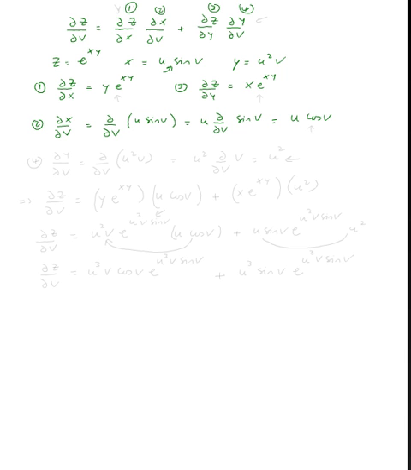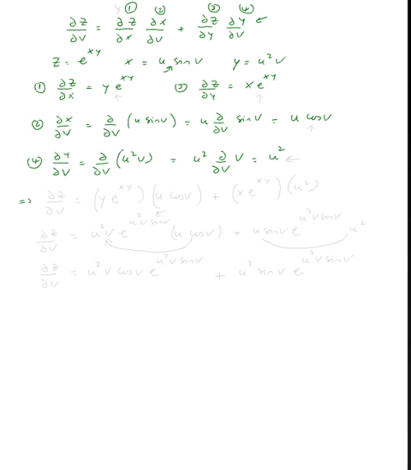Now what else we need? We need 4. 4 is partial y with respect to v. Y is u squared v. Now the u squared is constant, take it outside. And partial with respect to v of v is 1, so it's u squared.